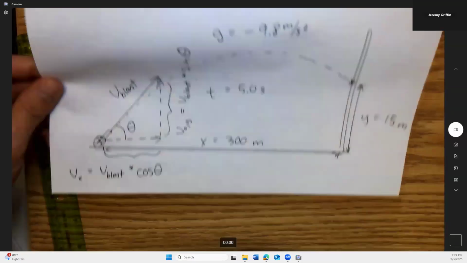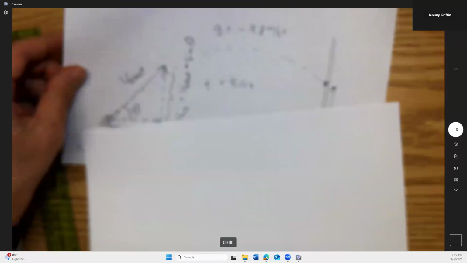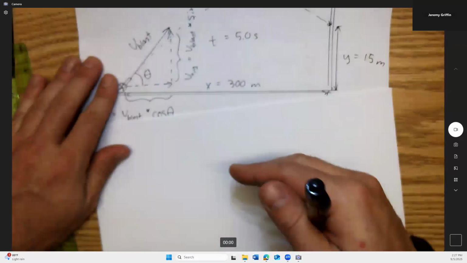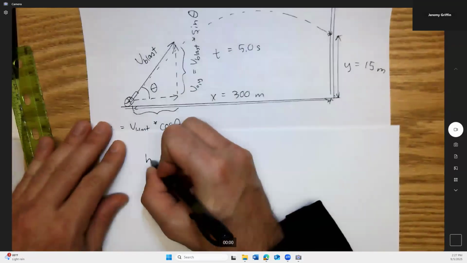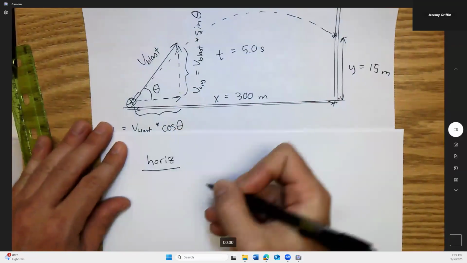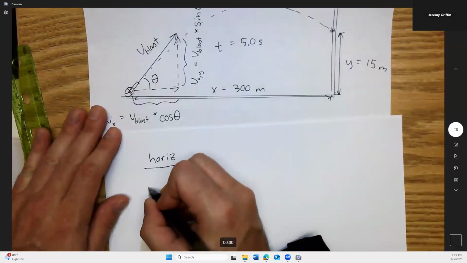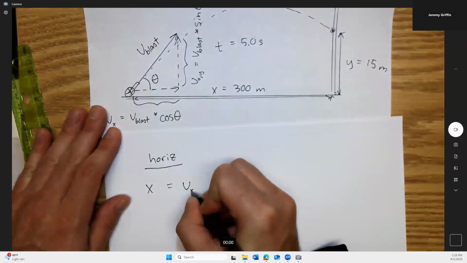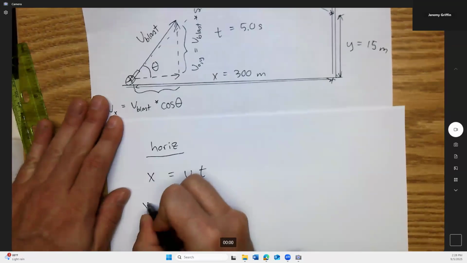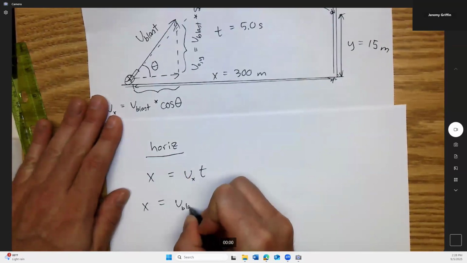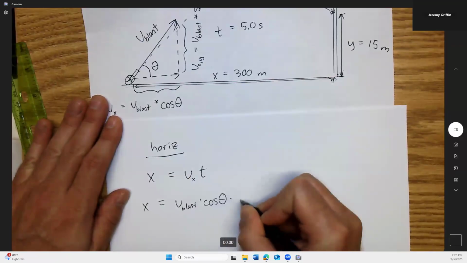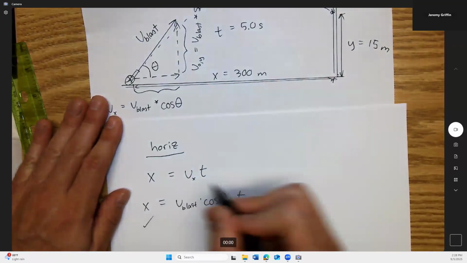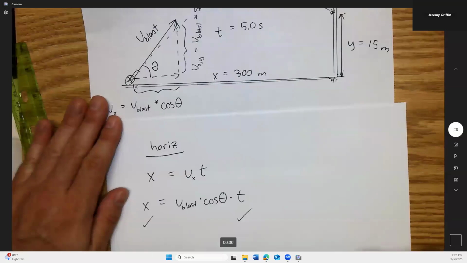Now, to solve this, big picture here, if you need to go home and watch this video and think about this a little deeper, there's going to be a vertical aspect and a horizontal aspect to this question. The horizontal is pretty straightforward because there's only one horizontal equation: x equals v sub x times t. In this case, x equals v blast times cosine theta times the time. I told you the x and I told you the t, so you have those values.